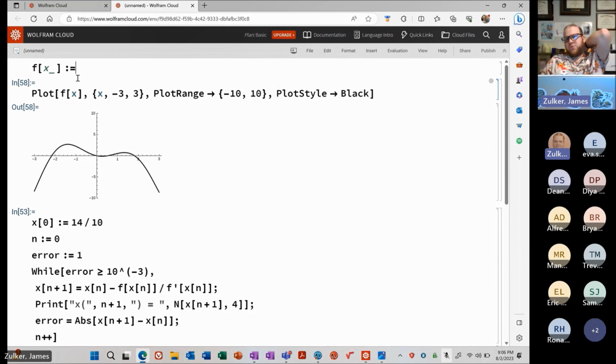Well, square root of 2, isn't that a solution of x squared minus 2 equals 0? And we can use Newton's method.